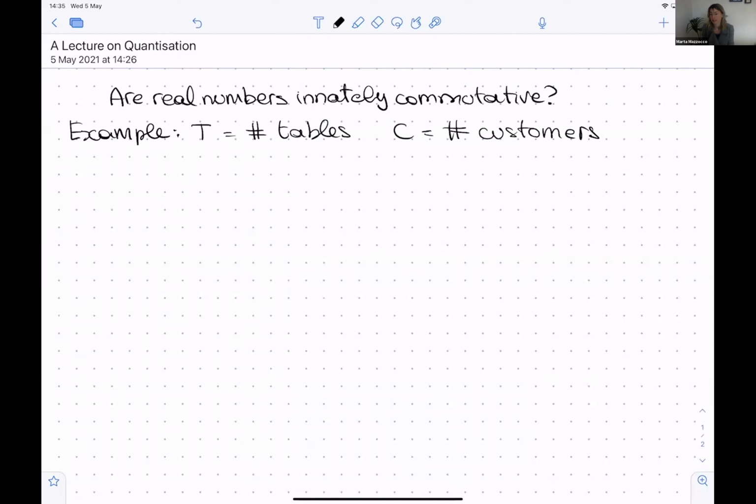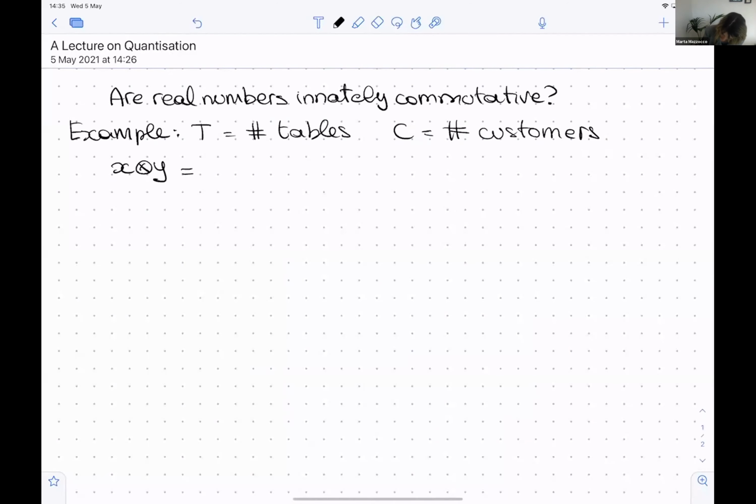And then to get organized, I will need to introduce an operation, which I call x times y, or x star y, whatever. And this by definition will encode how many people are coming into the restaurant.